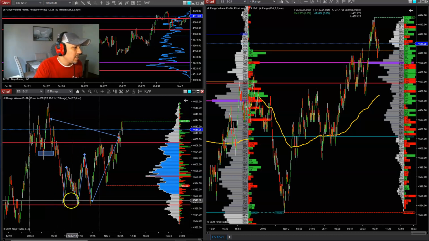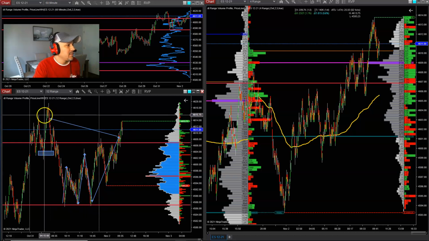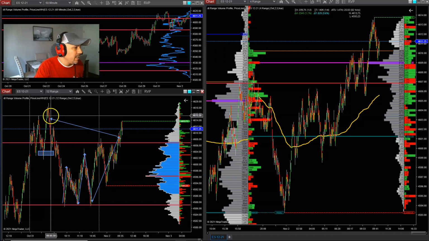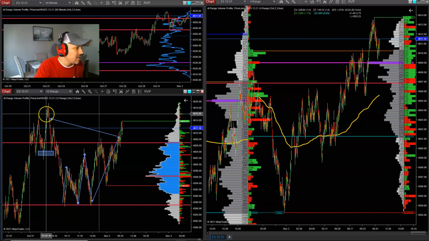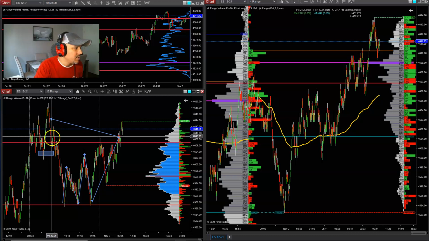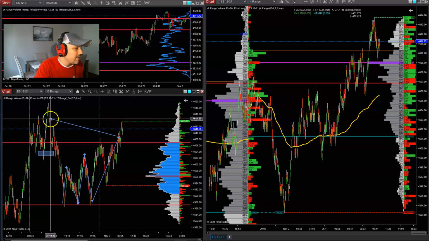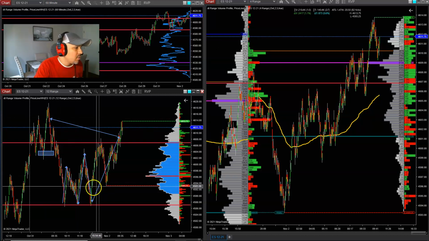Okay, so it created liquidity down here at the bottom and liquidity up here at the top. So it has to go back up here and test this area, guys, and fill in this little area right here. When price pushed down and pulled back, it didn't come back up and test this area right here, right? So at some point it's going to do that, and that's what it did.